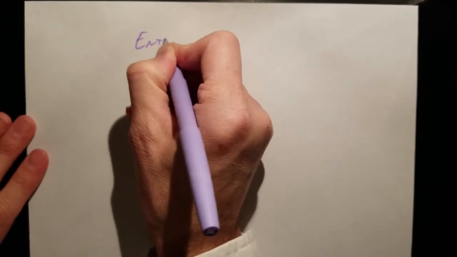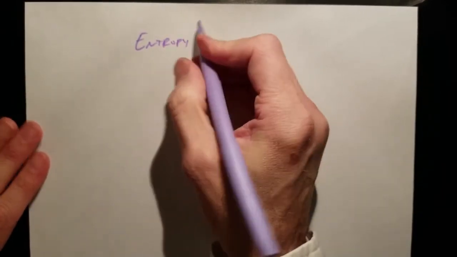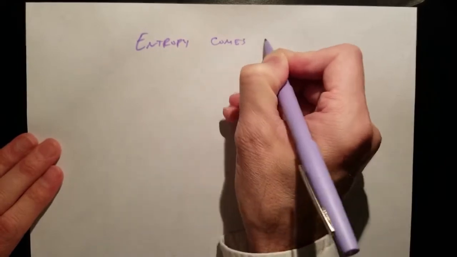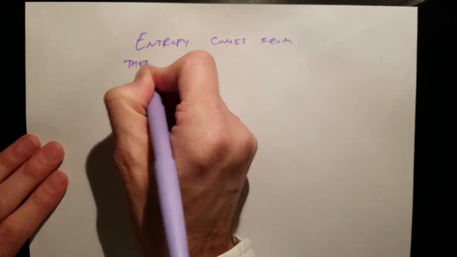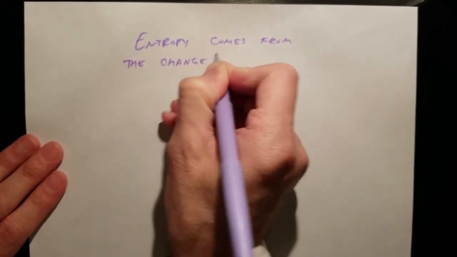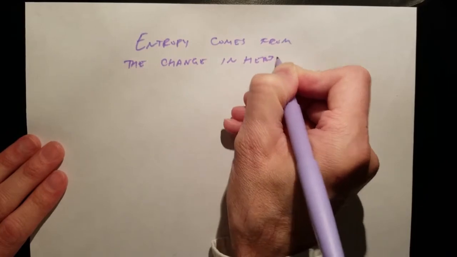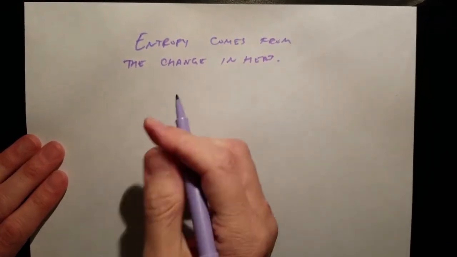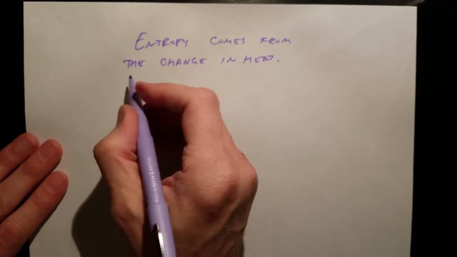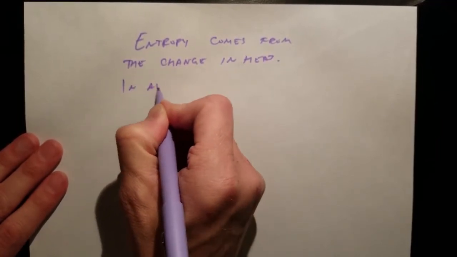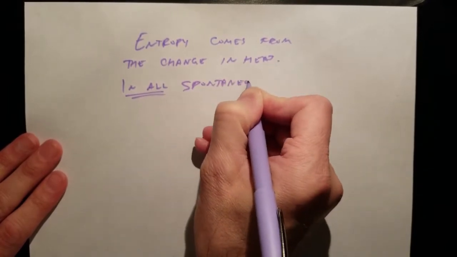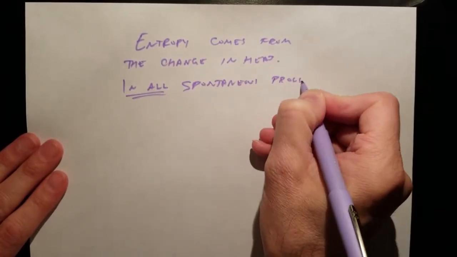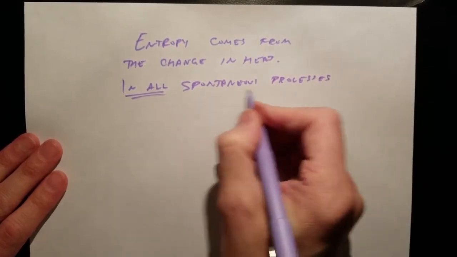So to summarize, entropy comes from change in heat in all spontaneous processes.